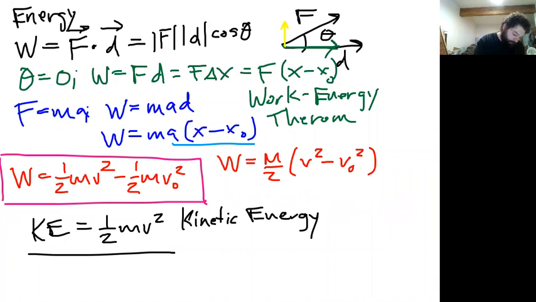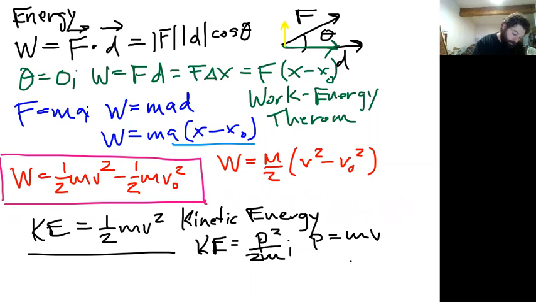Okay, KE is equal to p squared over 2m, and p is the momentum, and p is equal to m times v.